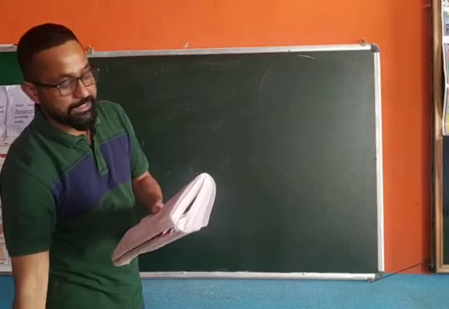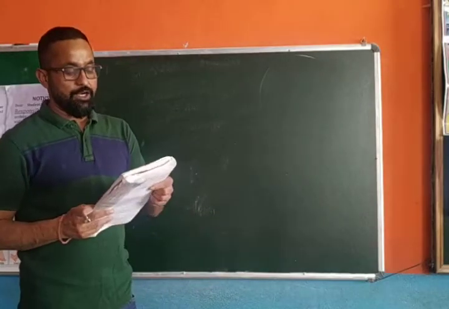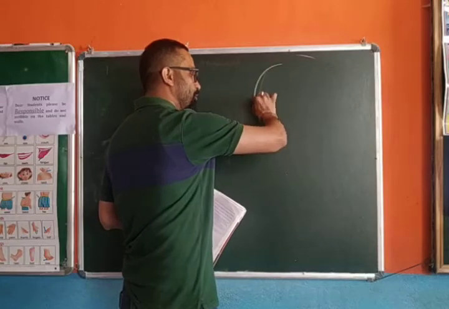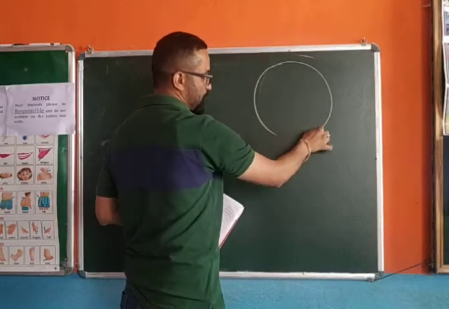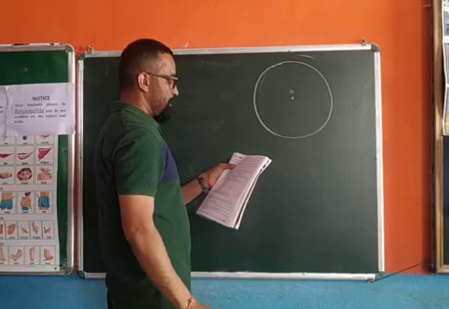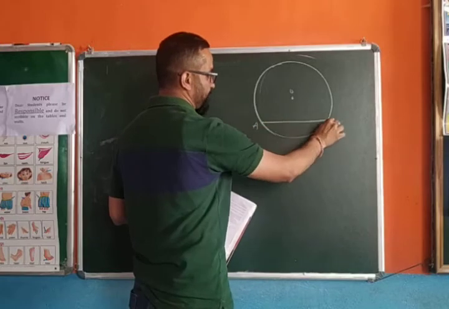Question number 3. Look at question number 3. Question tells you that again a chord of length 8 centimeter. Diagram is missing. You have to draw the diagram. Center. A chord of length. You draw a chord AB.